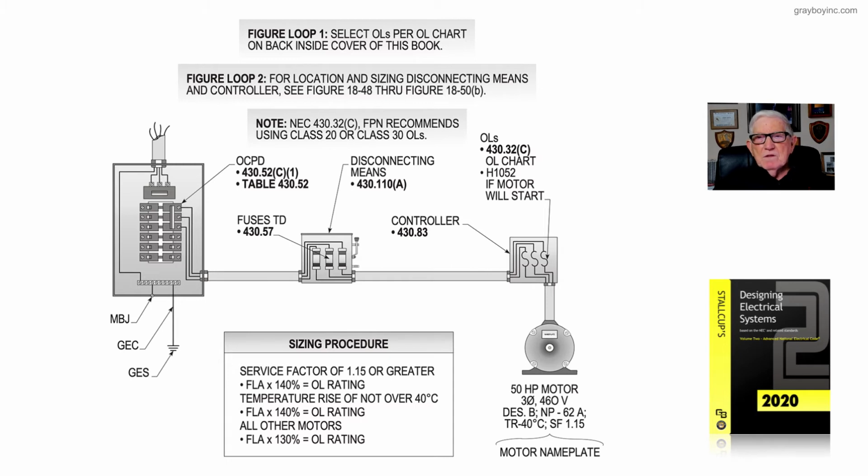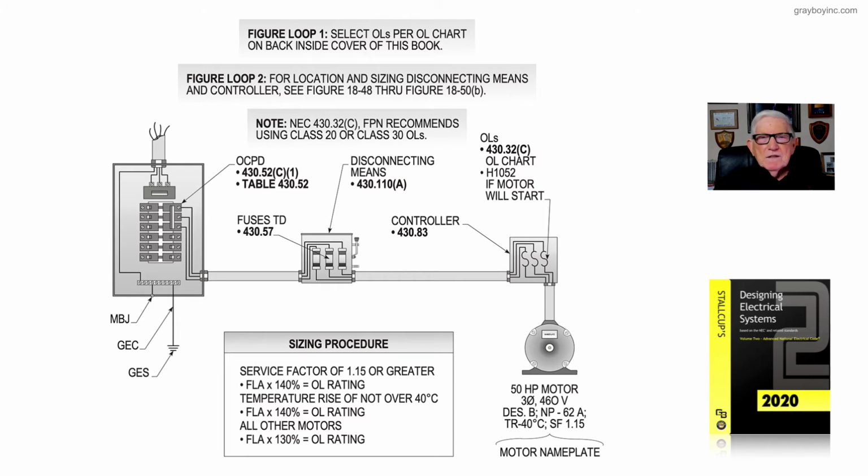Now remember, this was explained in detail in your figure 18-32 if you want some more explanation on the temperature rise and service factor. Now all of the motors is 130%. Now with this information, nothing's changed on this motor. And of course, you got your figure loops there if you want to look at them.